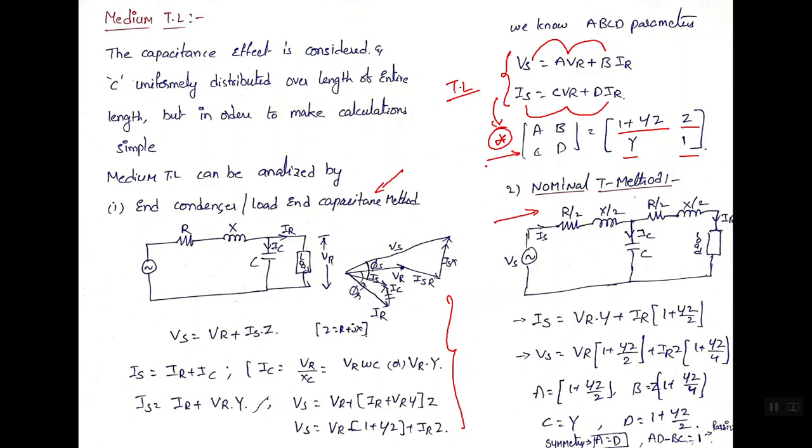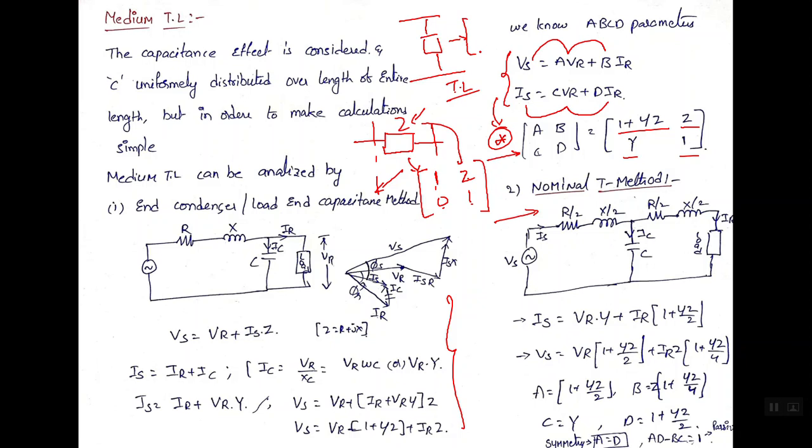For this, I have one important trick to calculate the ABCD parameters. Whenever the transmission line is modeled as a series impedance Z, the ABCD parameters are 1, Z, 0, 1. If it is a parallel admittance Y, the parameters are 1, 0, Y, 1.